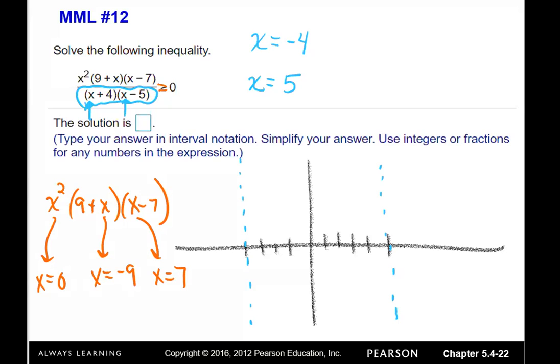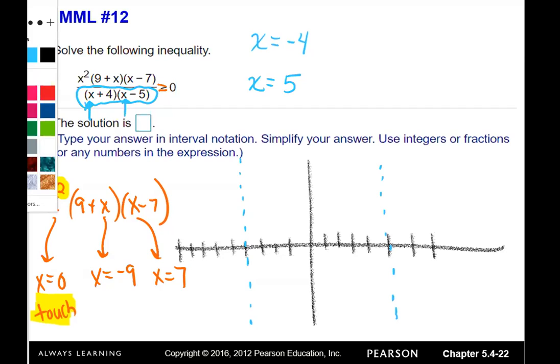So let's see, 4, 5, 6, 7, 8, 9. There's 0, 5, 6, 7. And then you look at the degree on the x squared, which tells you that at x equal to 0, you are going to touch there. But this is an x to the first and this is an x to the first, both of these.